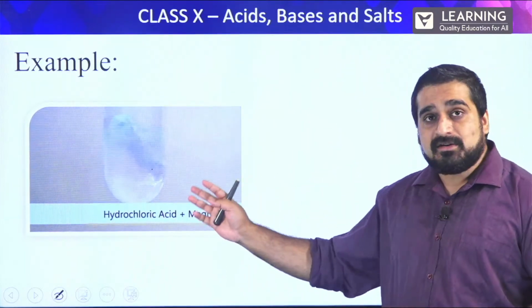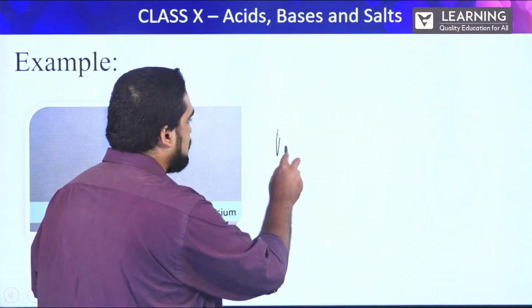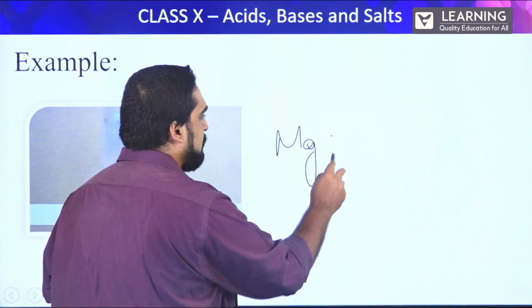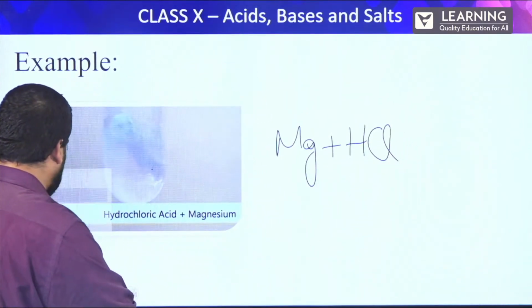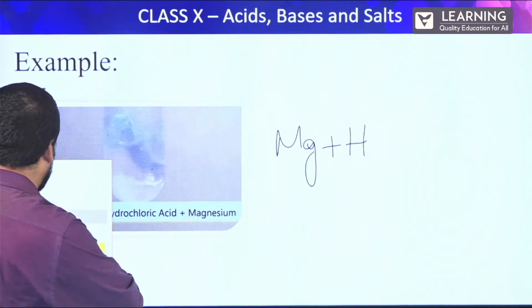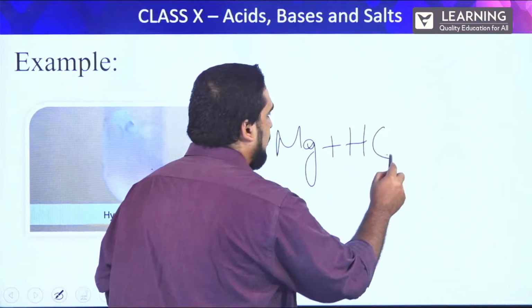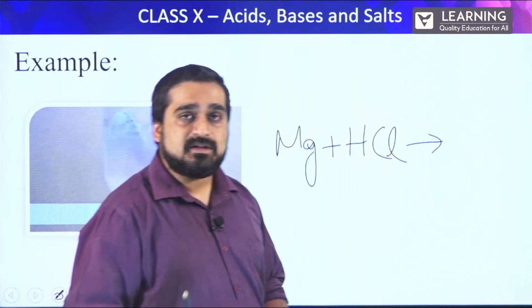So let us try to write a chemical equation for this. First you have Mg, magnesium, plus HCl. HCl gives, so what must you get first? A salt.